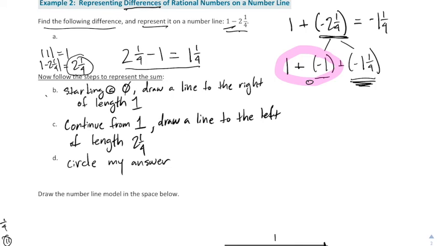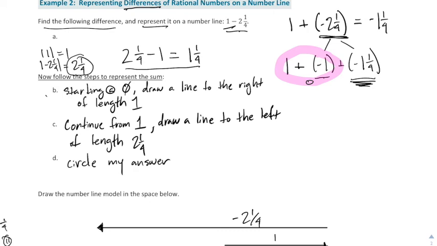That's going to go to the left. And I can do this magically, but my arrowhead's going to have to be longer. And then I've got negative 2 1/4.